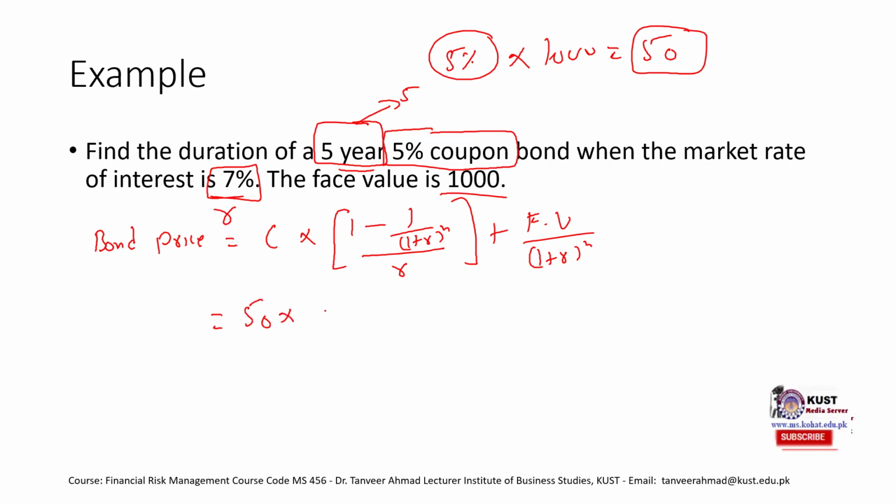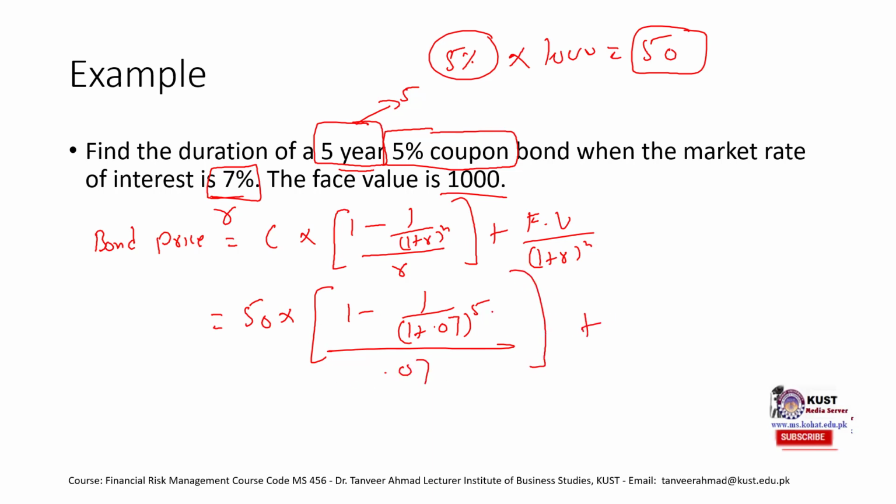So 50 into 1 minus 1 divided by (1 plus R), where R is 7%, not the 5%. 5% is just the coupon rate, whereas the market interest rate is 7%. So this would be our R, which is also the YTM. So 1.07 raised to power 5, divided by 0.07.